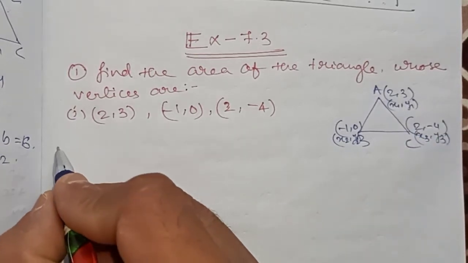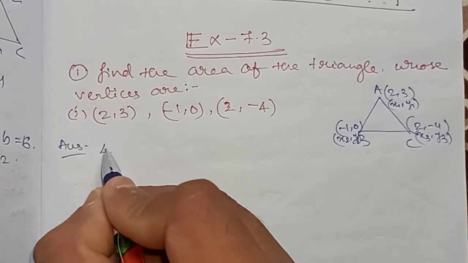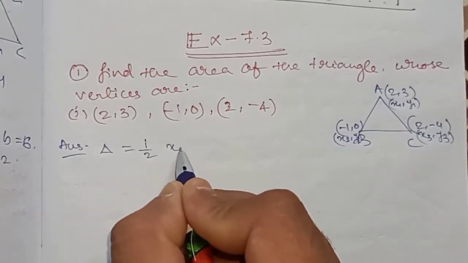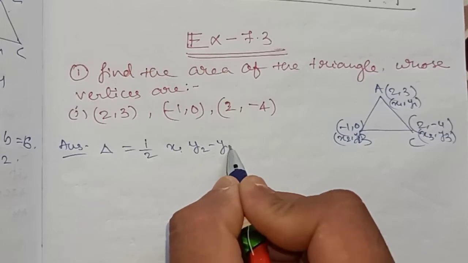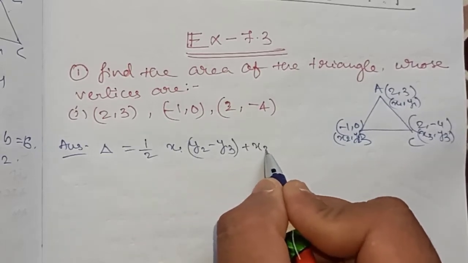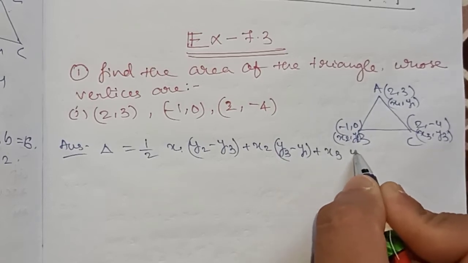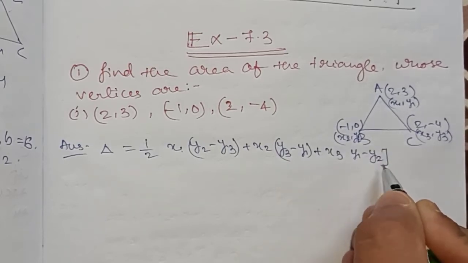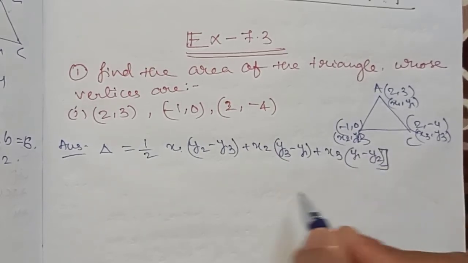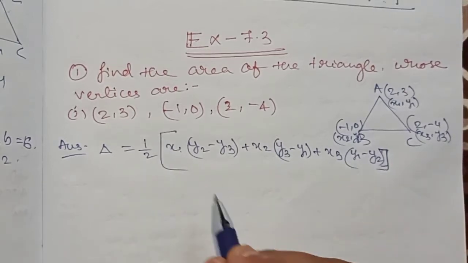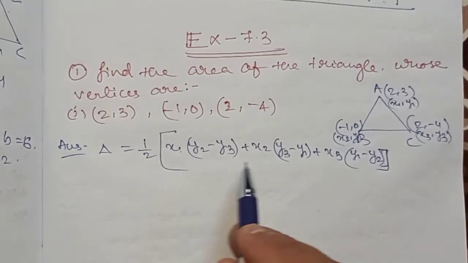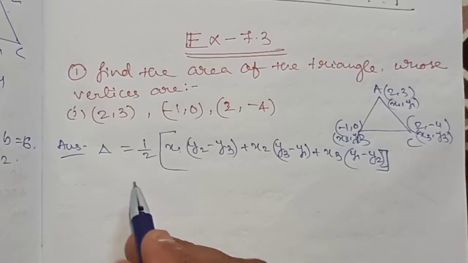Now we will write the formula. Formula is area equals half [x1 (y2 minus y3) plus x2 (y3 minus y1) plus x3 (y1 minus y2)], square bracket. All the terms will be inside. Now we have to substitute the values in the proper places.